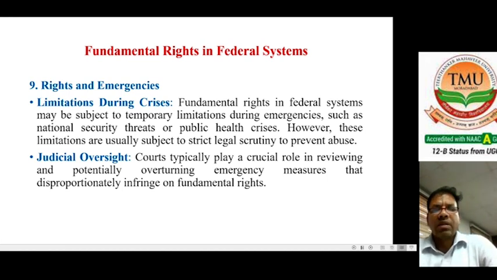Judicial oversight: courts typically play a crucial role in reviewing and potentially overturning emergency measures that disproportionately infringe on fundamental rights. These are very important rights whose nature can change, especially during some kind of crisis like national security threats or a public health crisis.